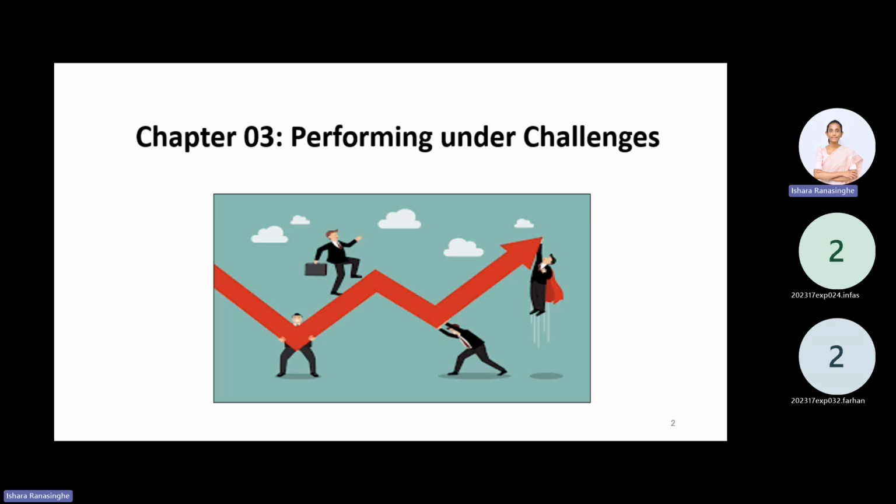So as leaders, you all should know that if I want to perform under challenges and achieve the expected goals, I want to improve my managerial skills. I want to improve my interpersonal skills, my conceptual skills, and my technical skills related to the task that you are performing, right? It's a kind of summary of the areas that we are going to discuss under this chapter, and I have shown the link between these areas and the chapter.